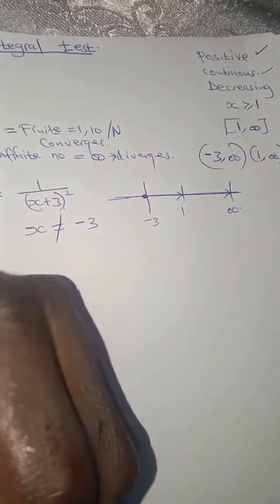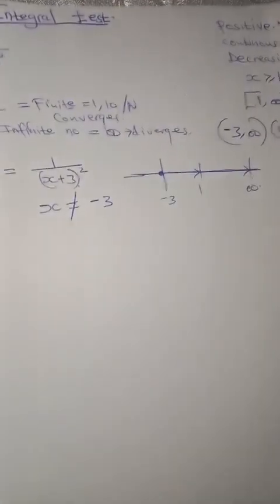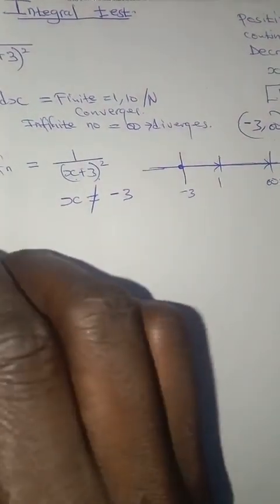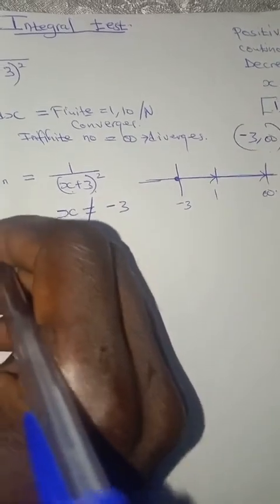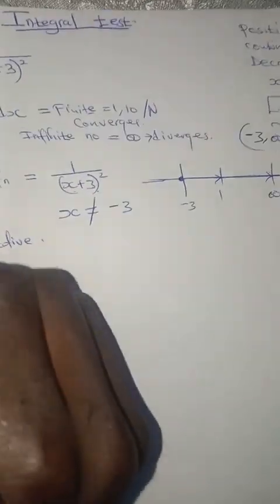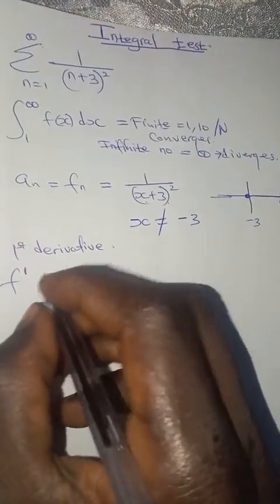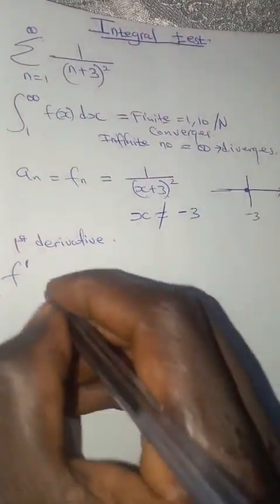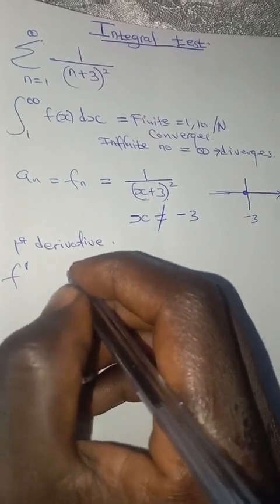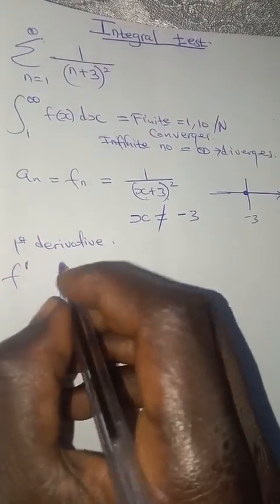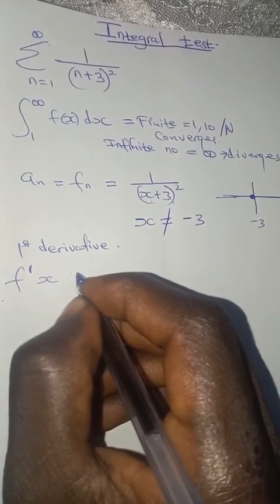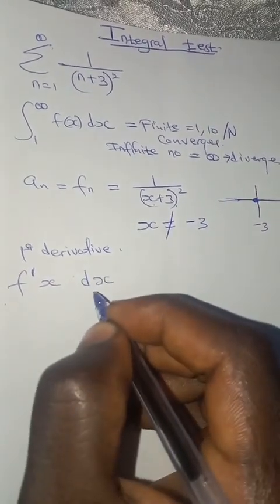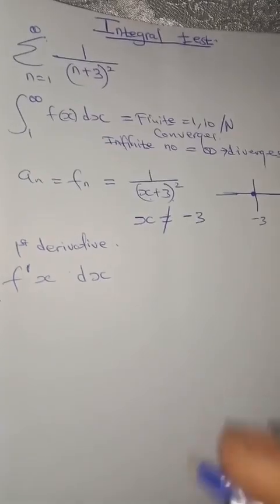Then is our function decreasing? In order to ascertain whether our function is decreasing, we find the first derivative of the function, denoted f prime.